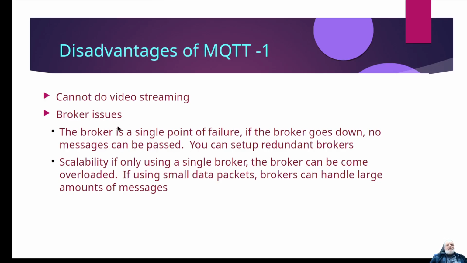Another issue is you have this broker. If the broker goes down, it's kind of like the star format that we had for our network. If that center point goes down, nobody can communicate. Now you can set up multiple brokers so that if one goes down, you could send the data through another broker, but that adds an extra layer that needs set up.